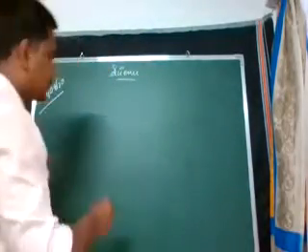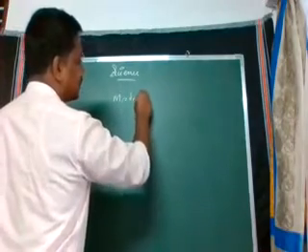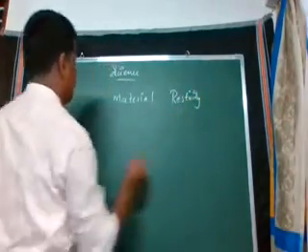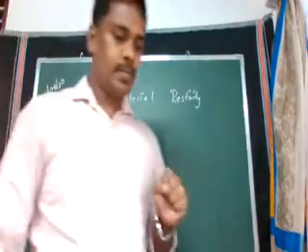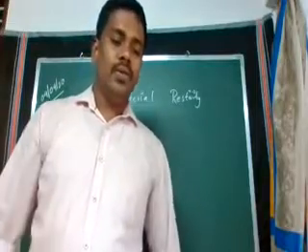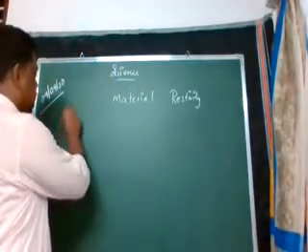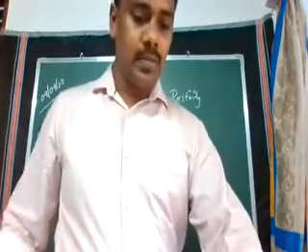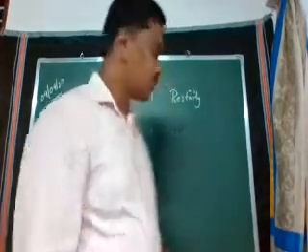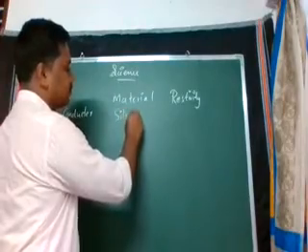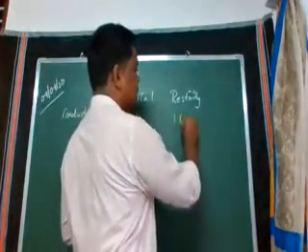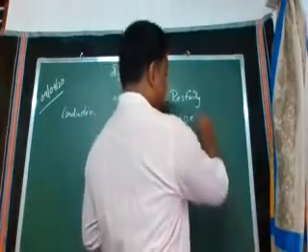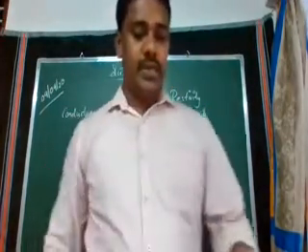The material we will write here, and the resistivity here. First, conductors. Silver has a resistivity of 1.60 into 10 raised to minus 8. Very low resistivity.